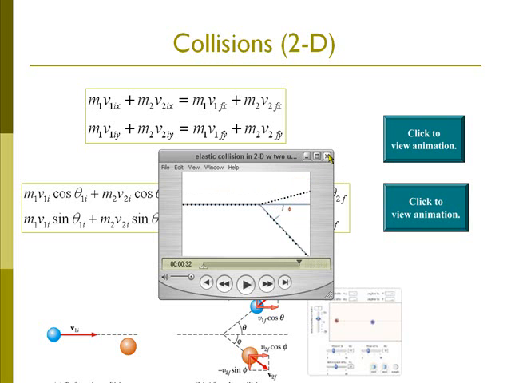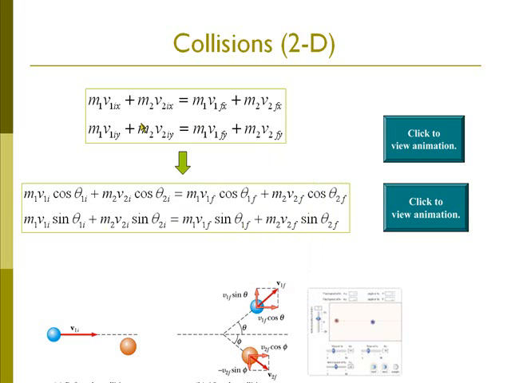So it becomes much more complicated, where here the initial angles theta 1 initial, theta 2 initial were 0 because both objects were along the x direction, but the outgoing angles are not. Now this animation, of course, is for elastic collision, which we have not added the term here.